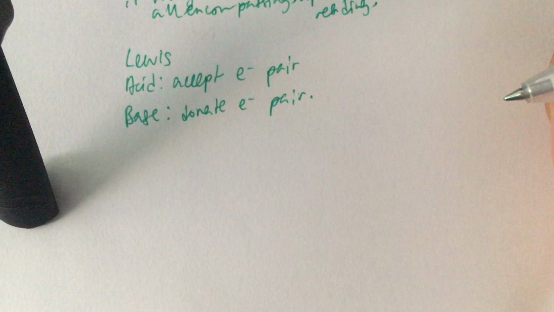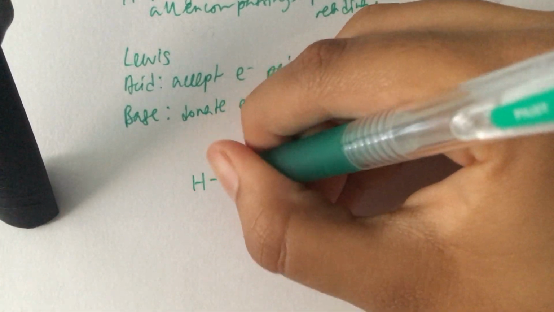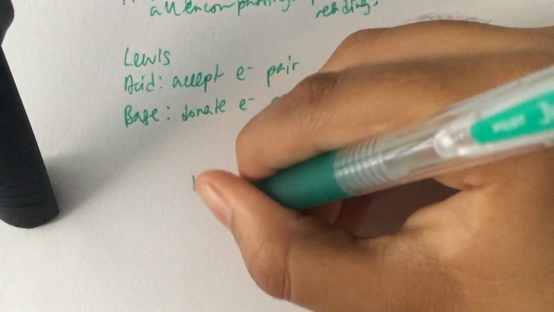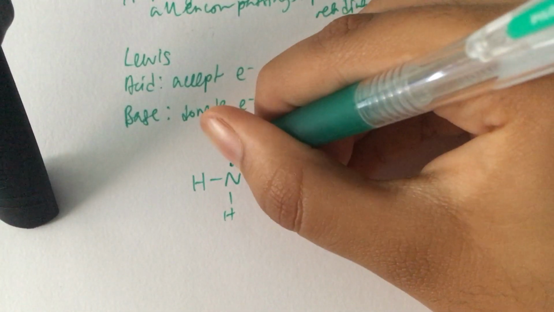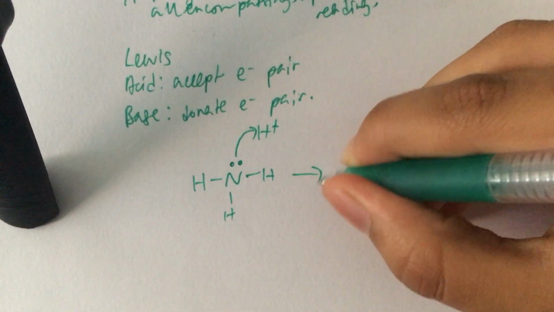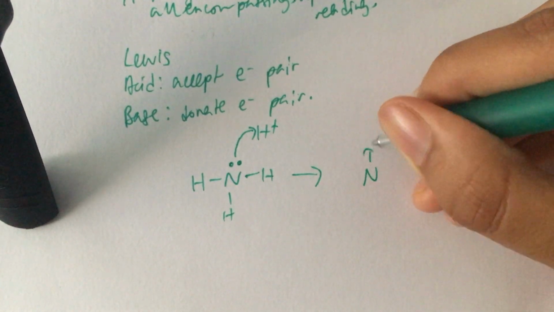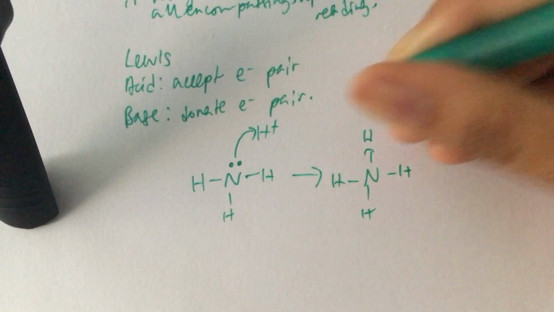Please do not use this to explain why it accepts electrons or donates electrons. This is just a way for you to remember easily. So if it donates the positive H plus, it becomes more negative, so it's like accepting a pair of electrons. Likewise, if it's receiving an H plus, it is kind of getting rid of its electrons.